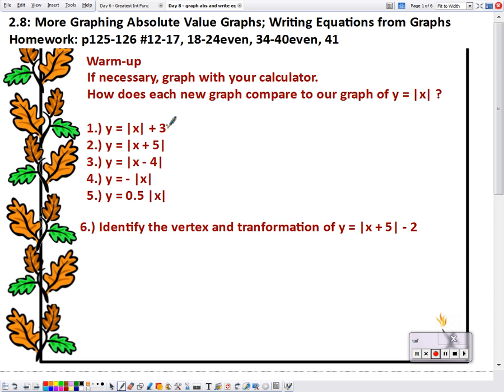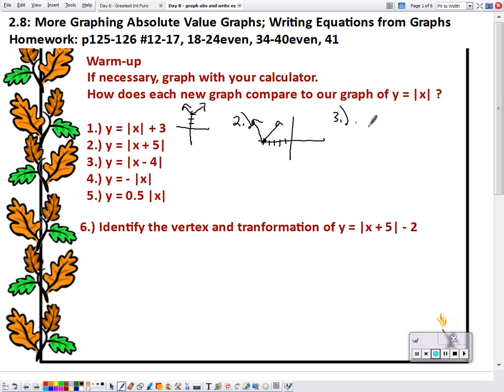Okay, so the first one has a vertex of 0, 3, so it would be 1, 2, 3, and looks like this. Number 2 has a vertex of negative 5, 0, 1, 2, 3, 4, 5, and goes up, like that.